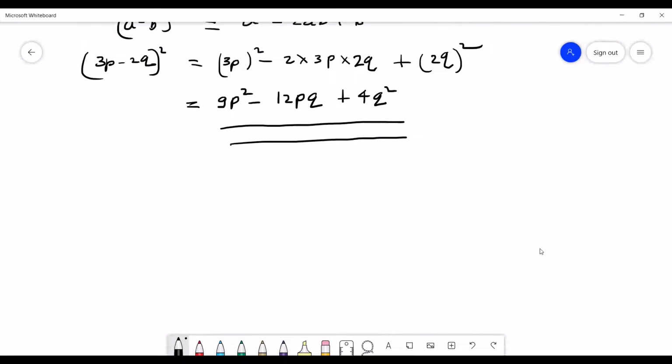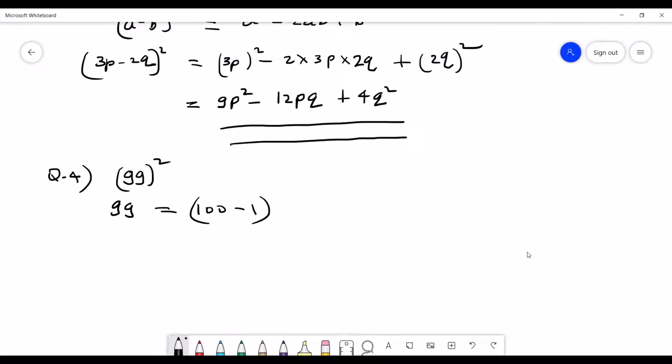Now let us consider another question, question number 4. Suppose we have to find out the value of 99 square. So this 99 square we have to bring into the form a minus b. 99 is equal to 100 minus 1.